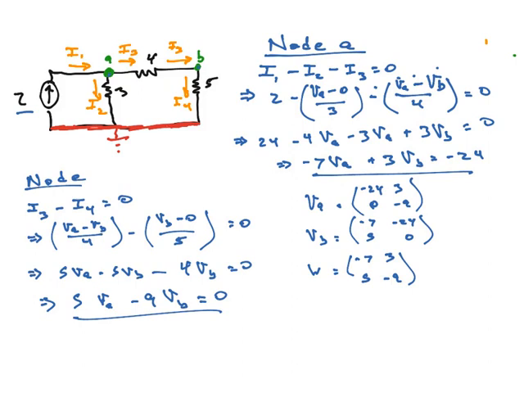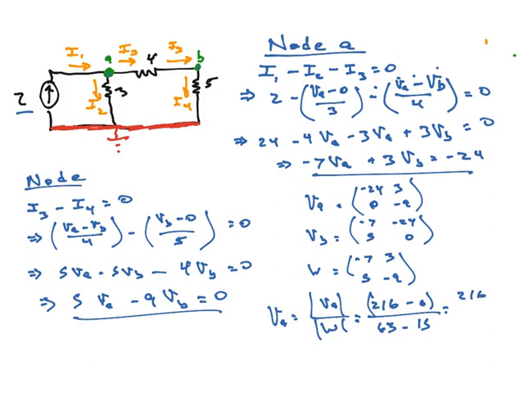Okay? And now VA is determinant of VA over determinant of W. The determinant of VA was negative 24 times negative 9, which is 216, minus 0 times 3, which is 0, divided by the W, negative 7 times negative 9 is 63, minus 5 times 3, which is 15.